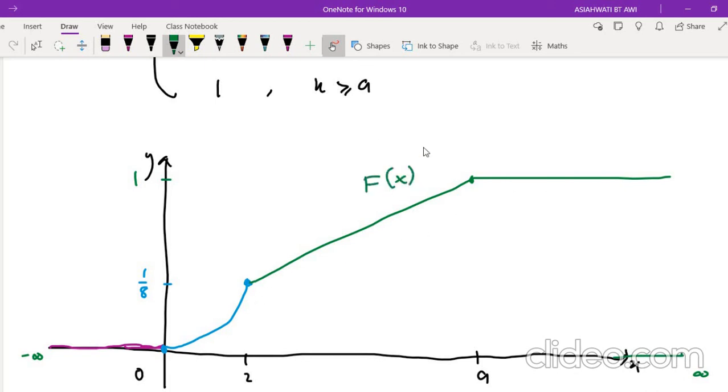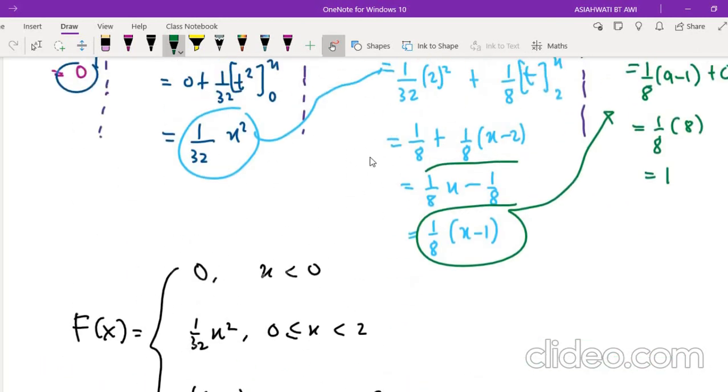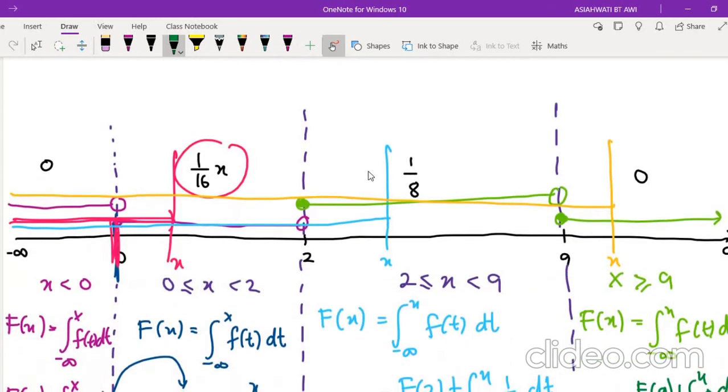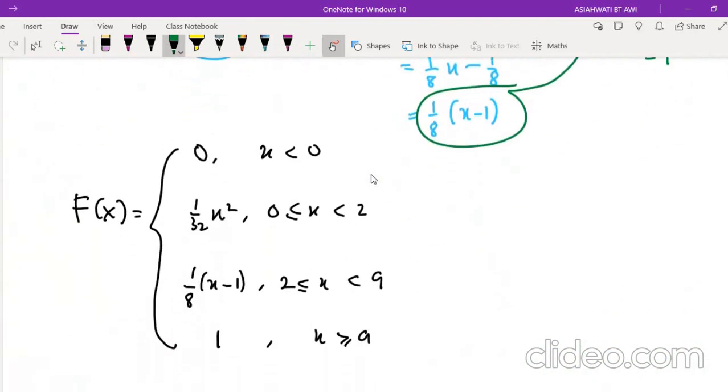Next, find the probability that X is more than 1, and the probability that X is between 1 and 5. We use the cumulative distribution function.